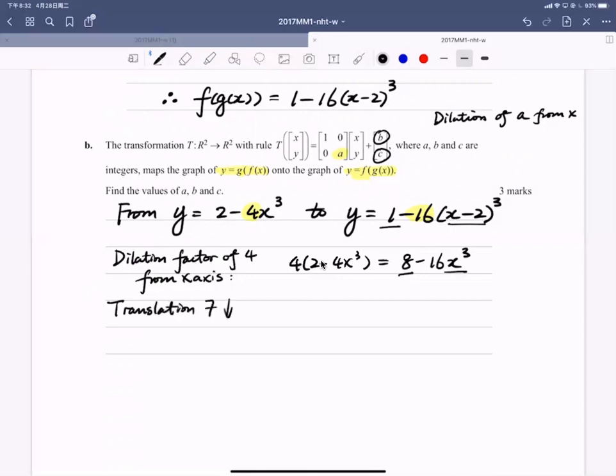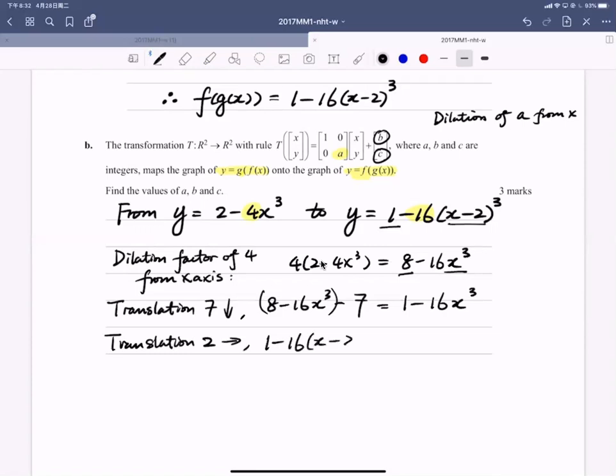7 units down. So it's 8 minus 16x cubed minus 7, which will be 1 minus 16x to the power of 3. And let's try translation 2 to the right. So 1 minus 16(x minus 2) cubed from here to here.